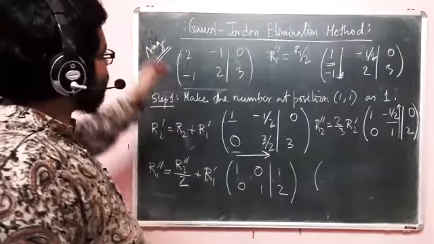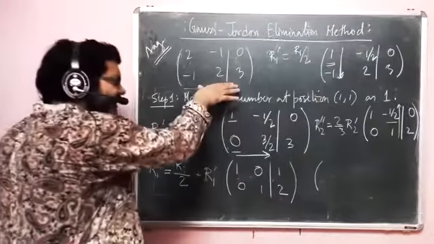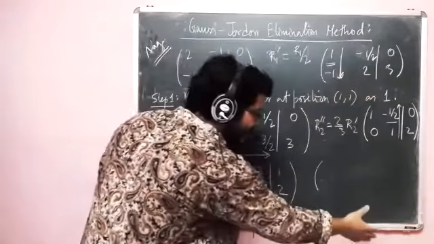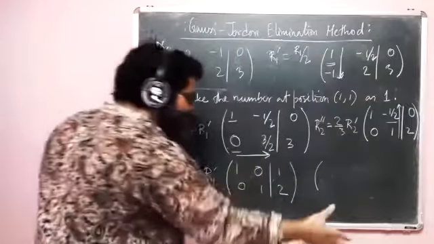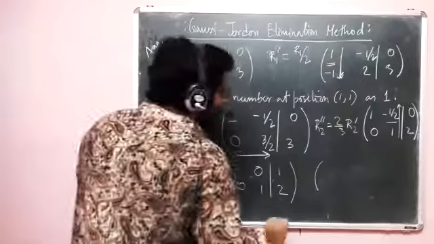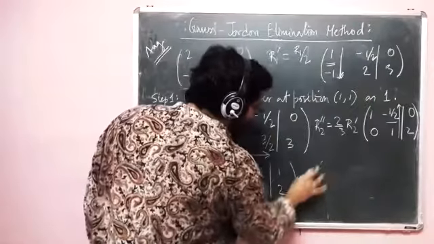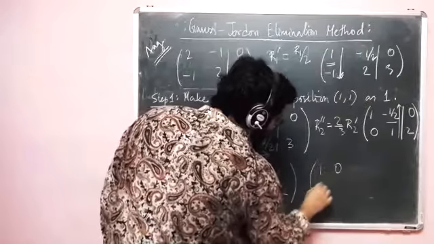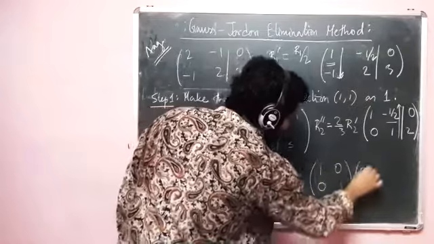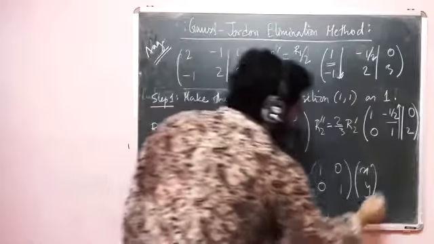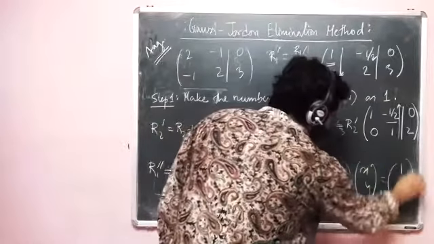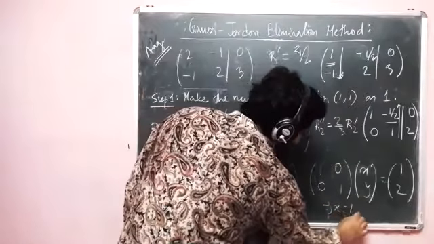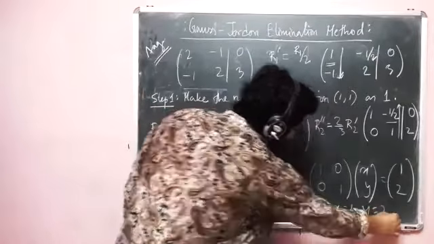So that means writing this one as a form of simultaneous equation and writing this one as a form of simultaneous equation, I am writing the same problem. So the problem that was given to me is now changed to this one. 1, 0, 0, 1, x, y, 1, 2. And you can readily see the answer: x equal to 1 and y equal to 2.